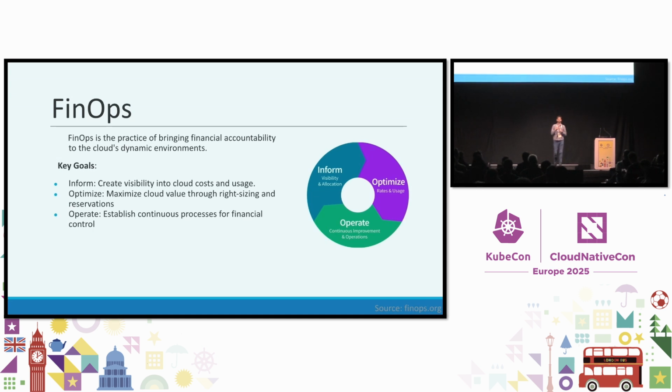Optimize: try to choose the right size instance, and go for reservations instead of on demand to reduce cost. And operate: basically have a continuous process to identify and then remediate overspend.